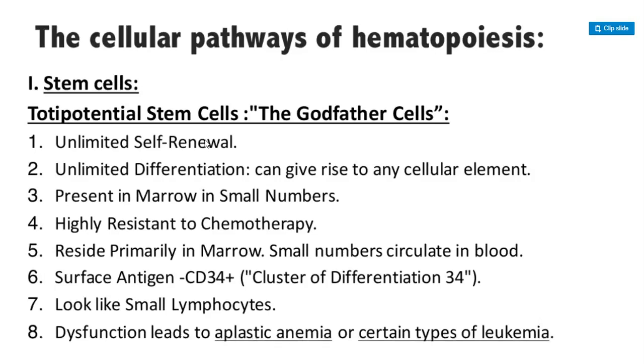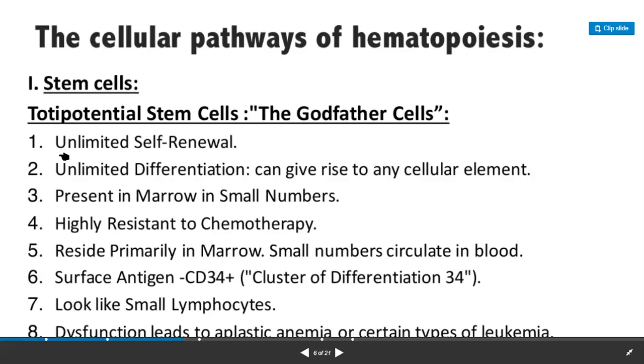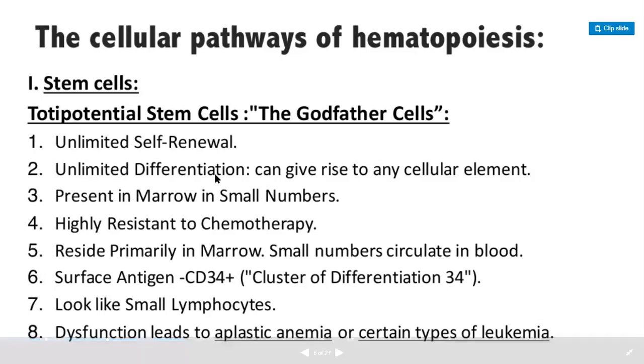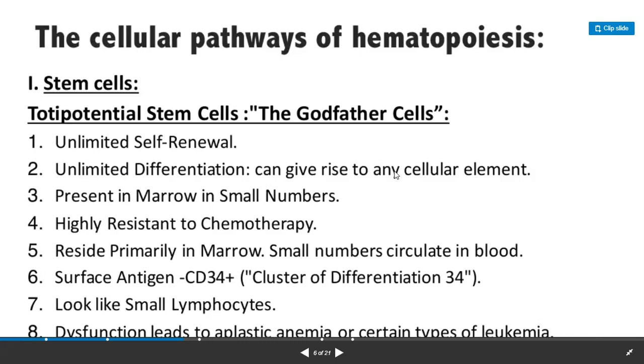Okay, so it's like you have one orange splitting into two different complete oranges, not half-half, but two different complete oranges. And then each of these two complete oranges splits again to form another two different oranges that are complete, not half-half. So unlimited self-renewal. Now, apart from unlimited self-renewal, they also have what we call unlimited differentiation. What does that mean? It means that totipotent stem cells can give rise to any cellular element.